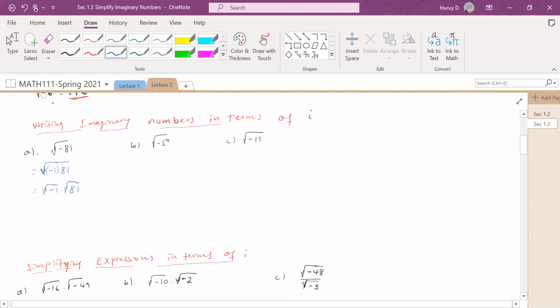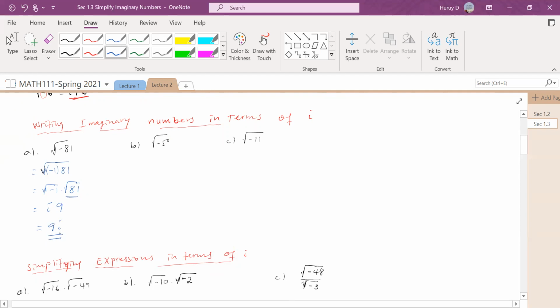You can straight use the definition, because we have it already here, but just for you to understand it better, I'm repeating the same step. The first term here is i, and the square root of 81 is a real number with a definite square root, which is 9. Therefore, I have i times 9, and we write this as 9i.